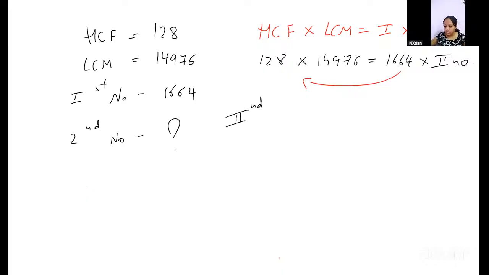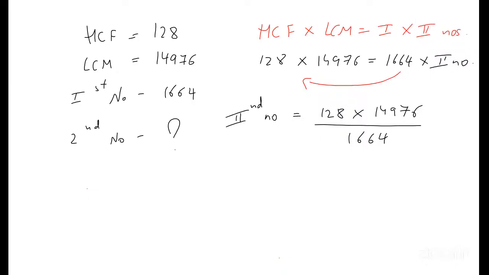Second number equals 128 into 14976 divided by 1664. Then what we do? We can directly cancel here if you are able to, since all of them are even numbers.